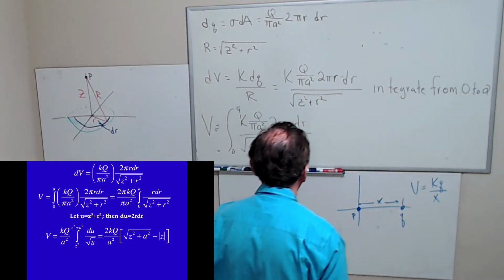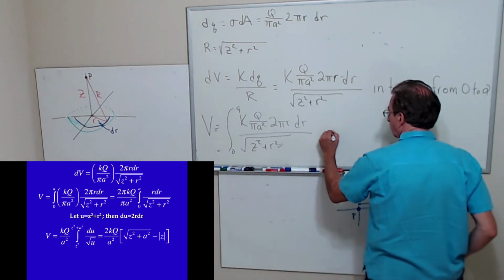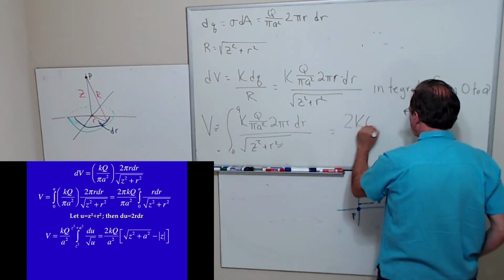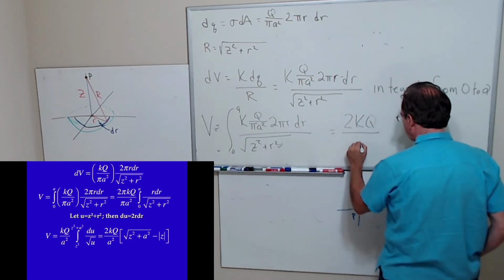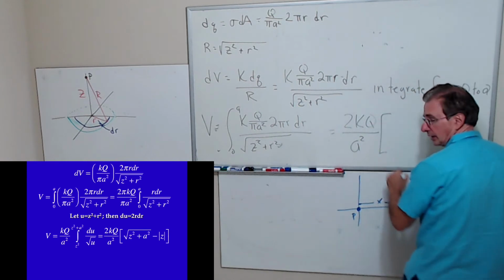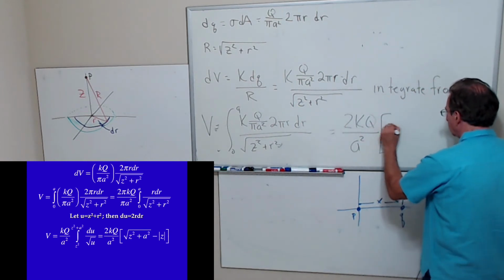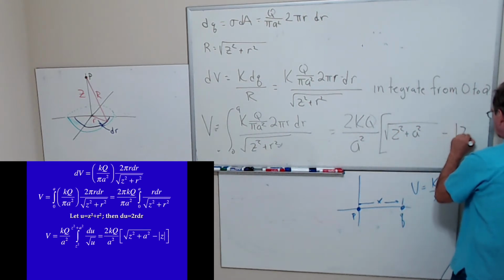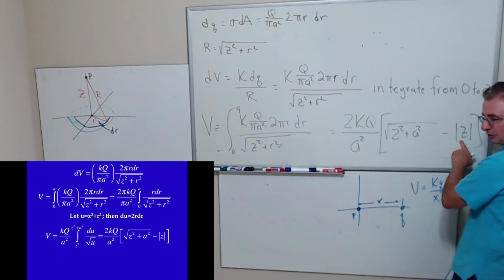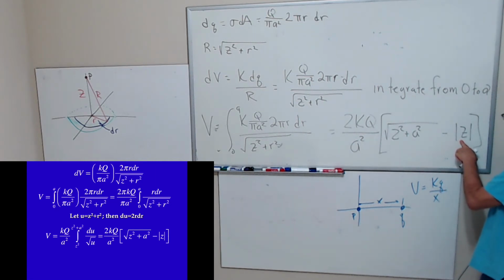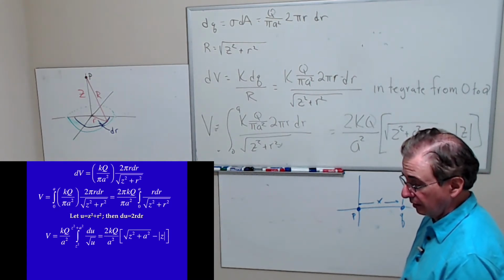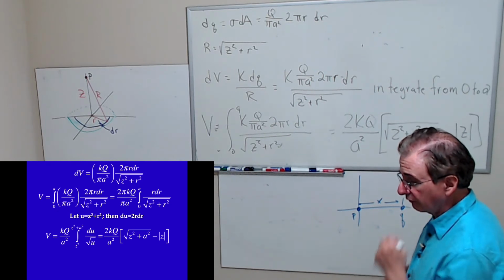So you get 2kQ over a squared times the square root of z squared plus a squared minus the absolute value of z. That's because when you're integrating, you get a z, you take the square root of z squared here. And in fact, if you're really far away, what happens?